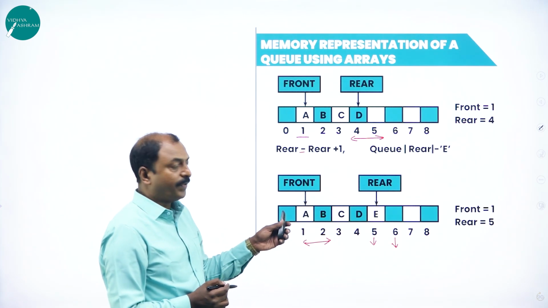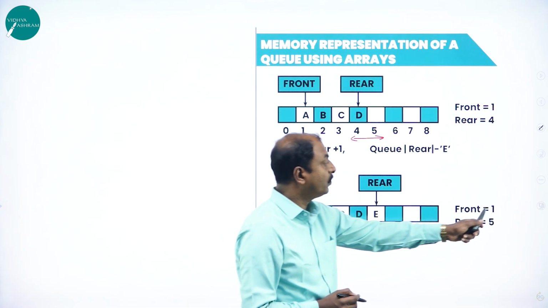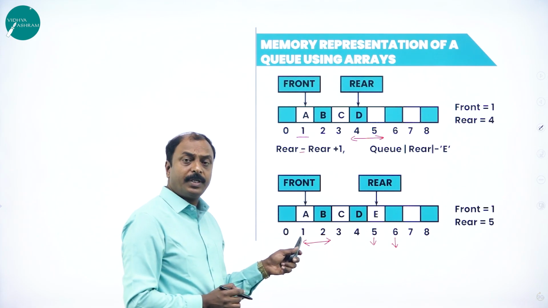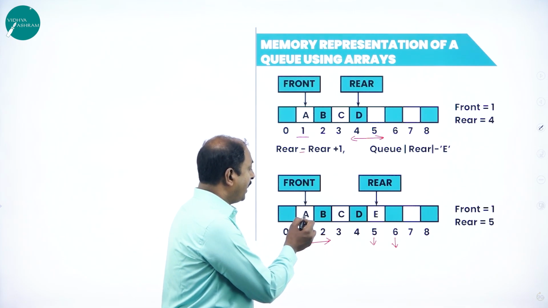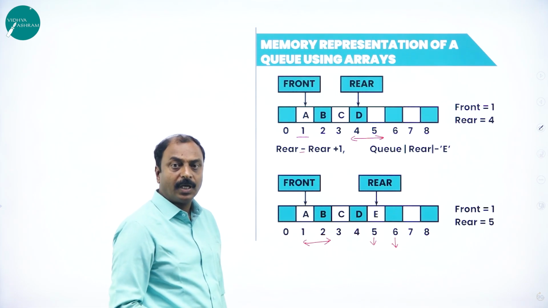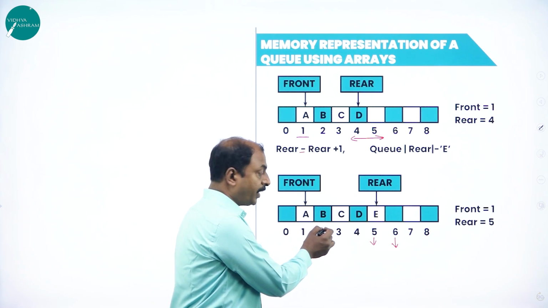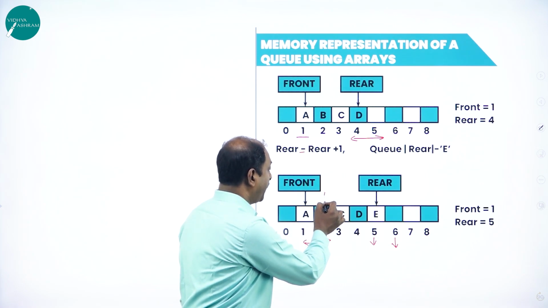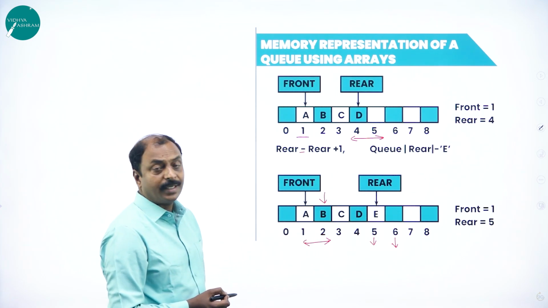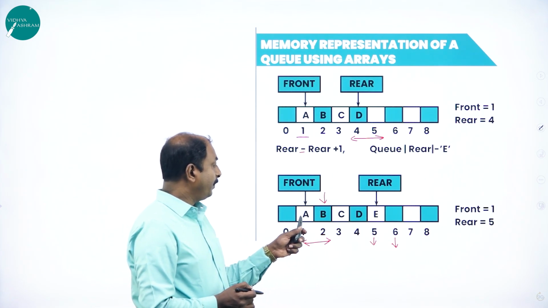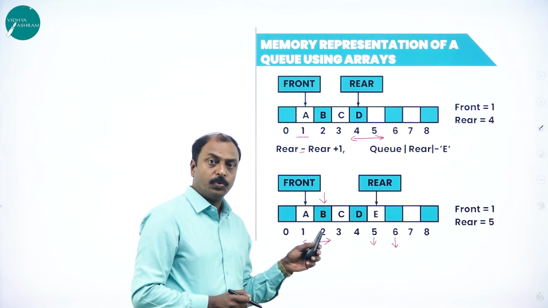At the beginning it is at 1. So the item to be deleted is A, and logically we move the front pointer by plus 1. Suppose the front pointer is at this point now, then it is understood that the data item A is removed from the queue.